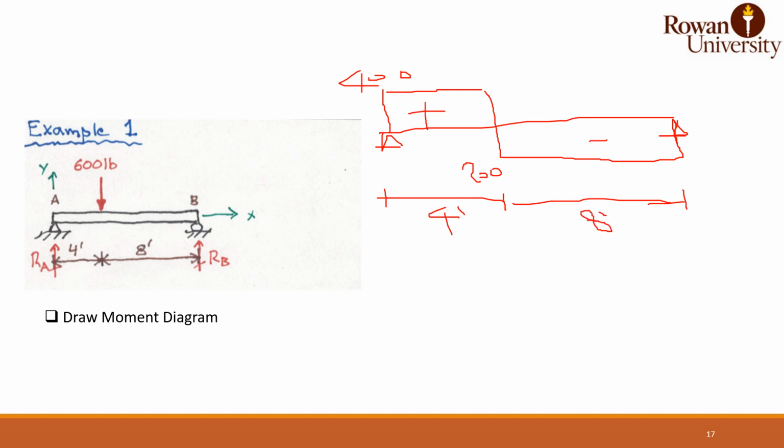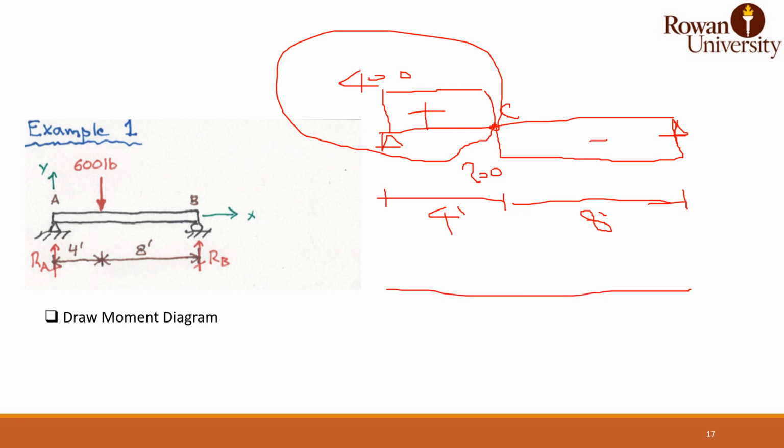So you can directly get the moment by, let's say you need the moment at this point, which we're going to call C, by the area of the shear diagram. The moment at point C will be the area of the shear diagram. In this case it will be 400 times 4 feet, which is going to end up 1600 pound-foot.